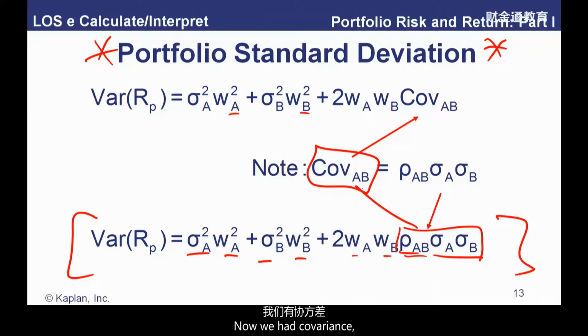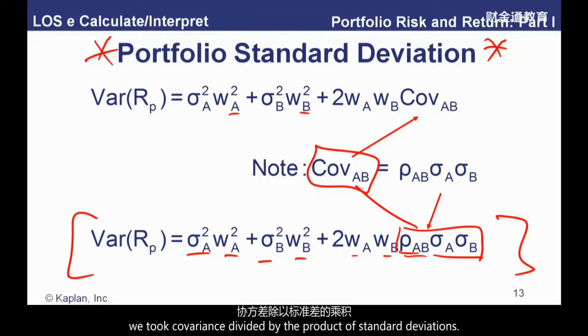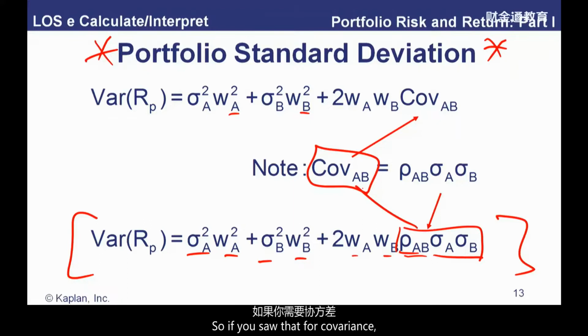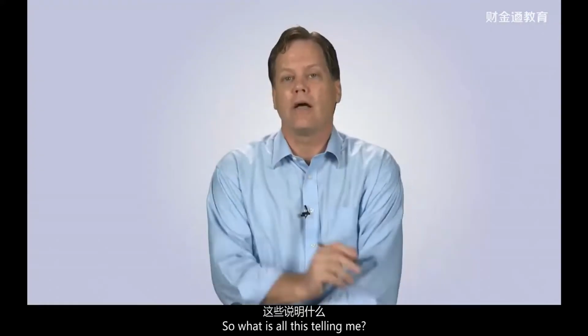So we had covariance, we wanted to calculate correlation, we took covariance, divided it by the product of the standard deviations. So if you solve that for covariance, you get correlation times the product of the standard deviations. So the formula has this covariance term at the end. I like to write it like this and just remember that that is going to be covariance if they gave me the covariance directly.